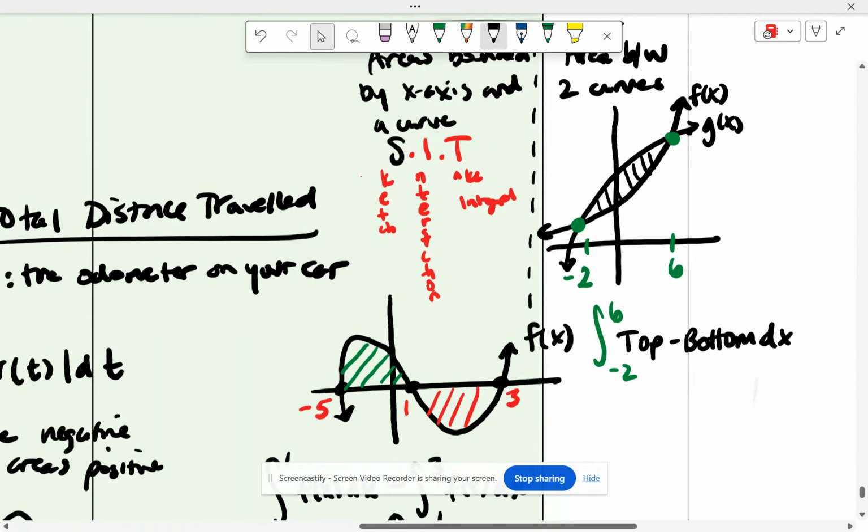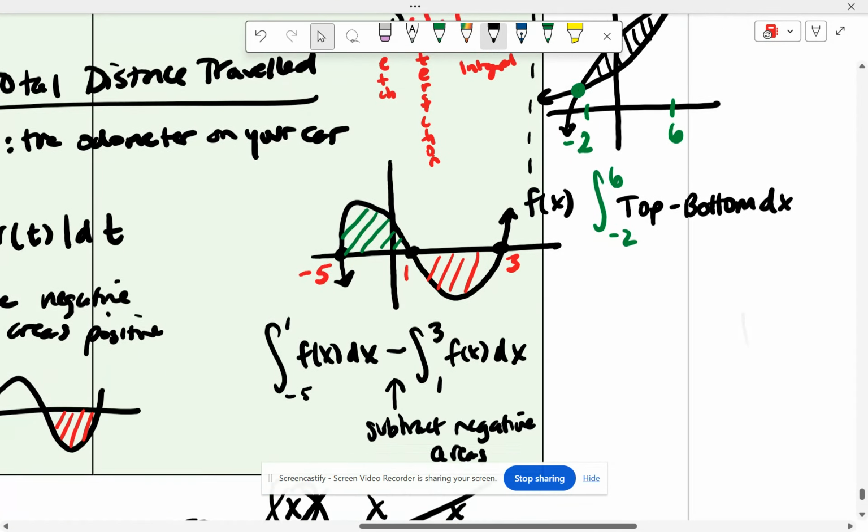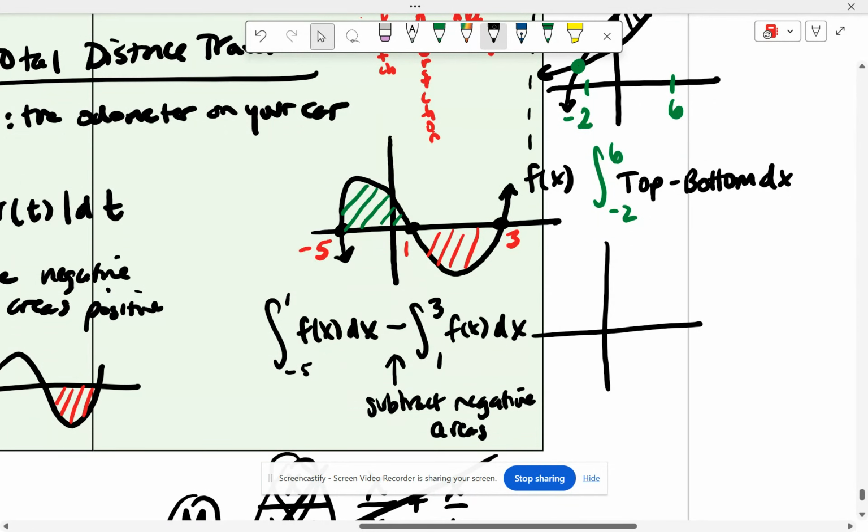So you don't need to worry about absolute values. If the top and the bottom switch though, so if you have a curve intersecting this line here, do you see how the top function and the bottom function switch? You have to split it up at the points of intersection, okay?